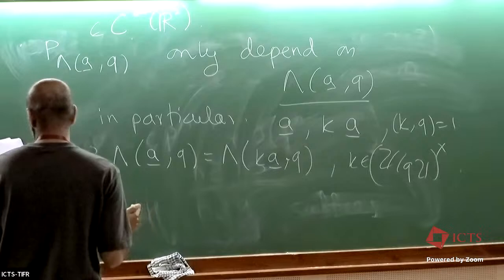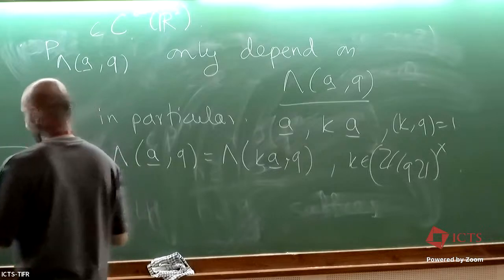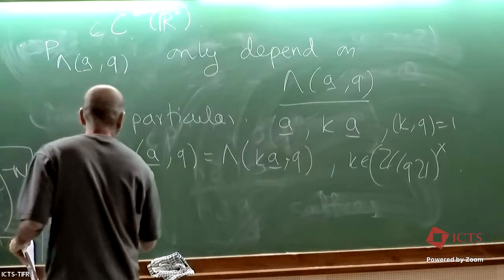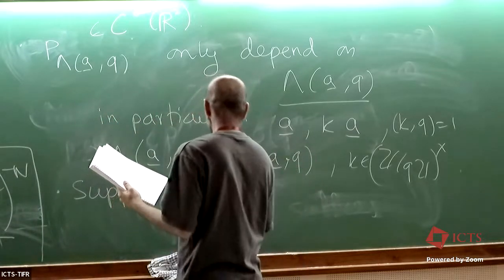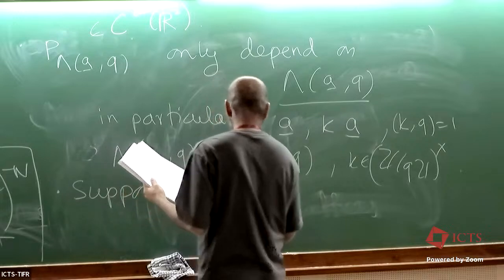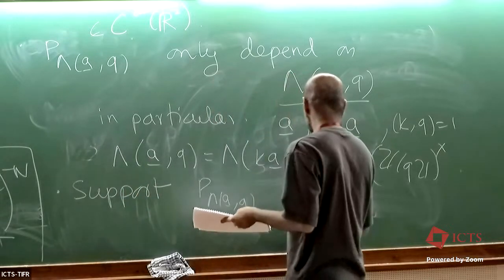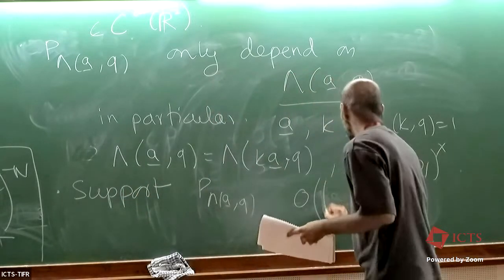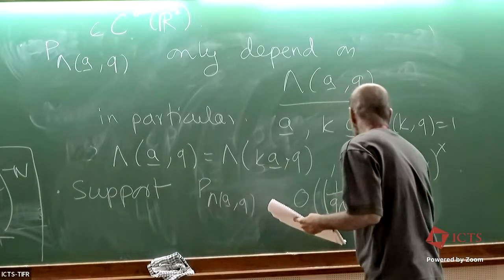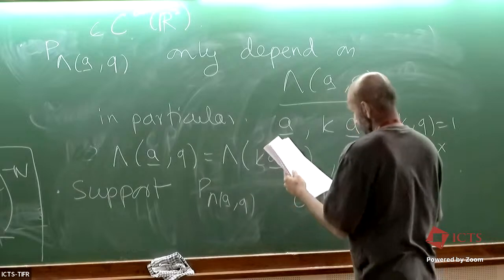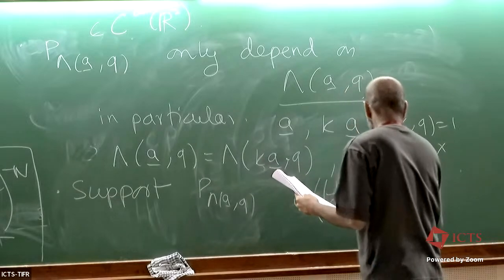The other thing is, of course, as I said, the support of P is roughly inside a ball or a rectangle of size 1 over big Q to the half plus little o of 1.